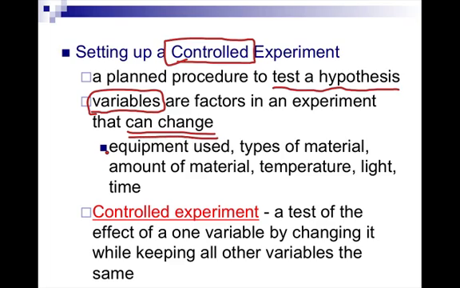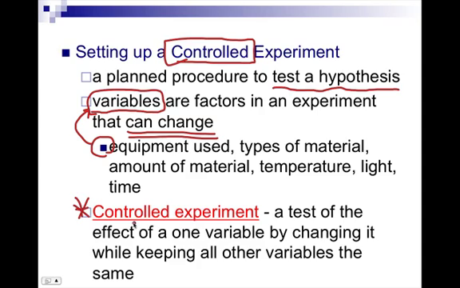So here under this bullet are examples of variables. Equipment used, types of material, amount of material, temperature, light, time. All of these are variables. So here is your definition right here of a controlled experiment.